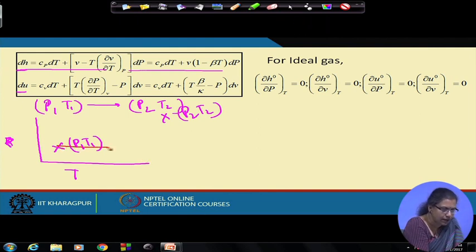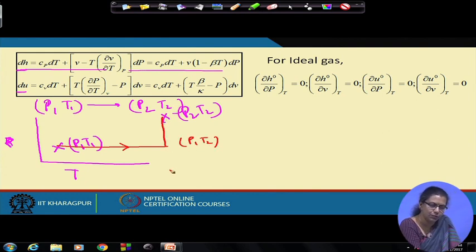One is I can perform an isobaric process initially, where I go from P1, T1 to P1, T2 and then I follow an isothermal process. This I can definitely do. For this particular process, the initial process was isobaric.